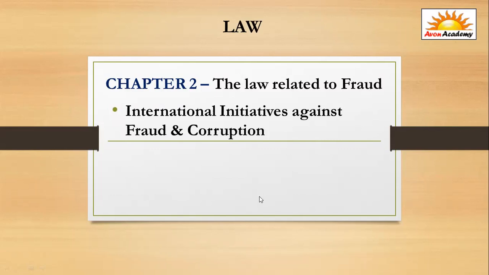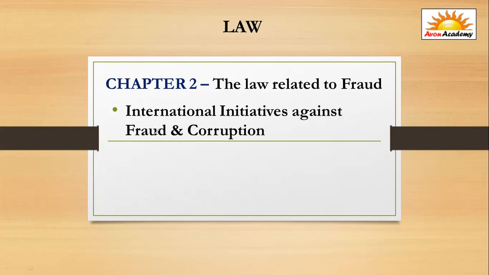So, international initiatives against fraud and corruption. We are going to see in this section what the CFE is going to cover: the different areas where international anti-corruption measures should come into place, or the different types of instruments that you have, because we have different bodies that are covering this.